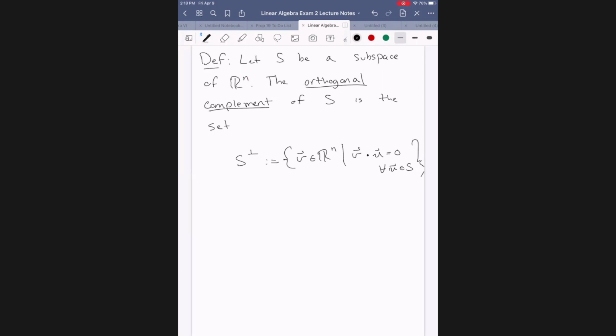All right, so now the question is, how do we find the orthogonal complement of a subspace?